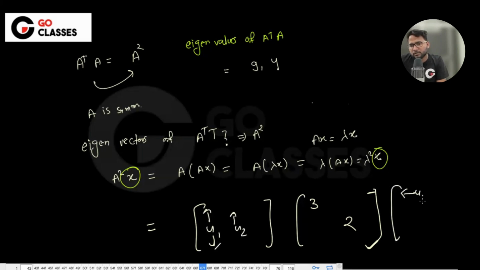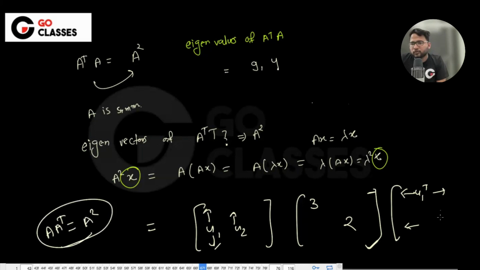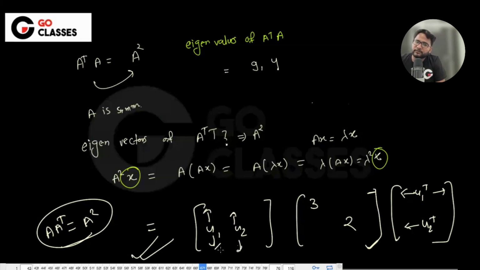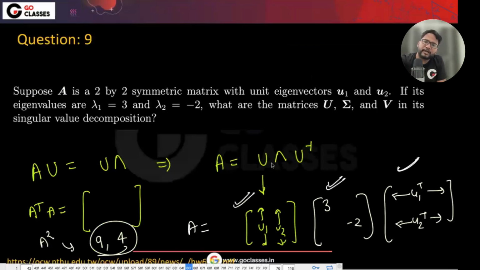This is U1 transpose, and this is U2 transpose. A transpose A and A A transpose are actually both the same. So this is the SVD. Do you agree this is orthonormal by the given information? This is orthonormal, right? So we can find out the SVD.